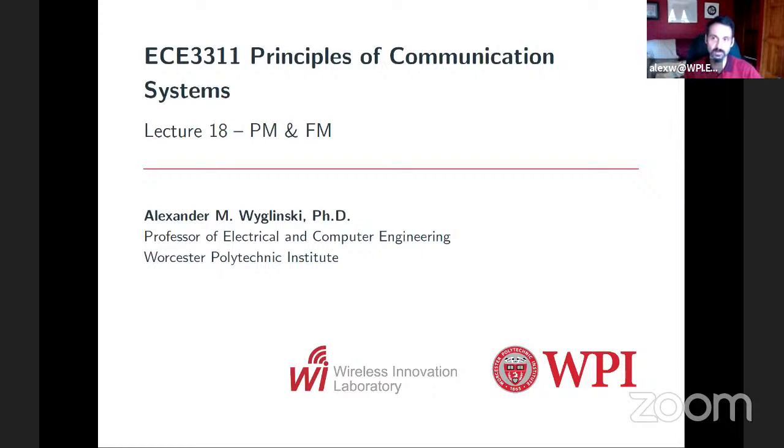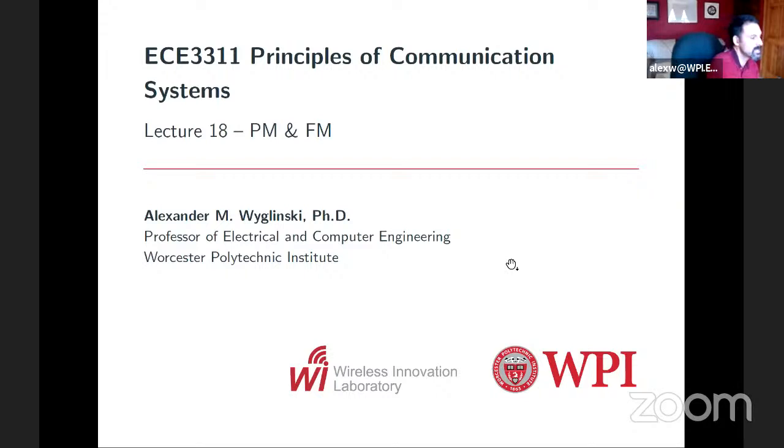We looked at VSB, and we saw how we were able to implement these schemes using a variety of different formulations, including Hilbert transforms. So what we're going to look at, and we saw a little bit about this before, but we're going to go into a little more detail today, is the PM and FM modulation.